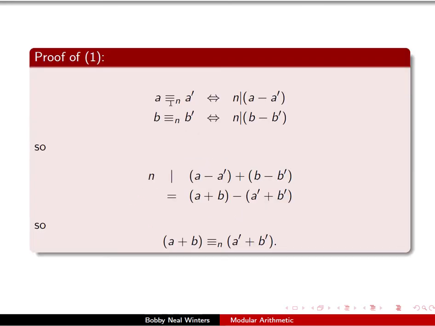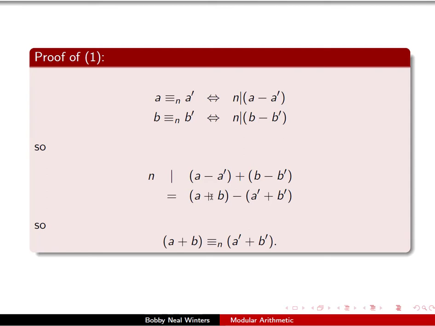To prove the first one, note that when I say a is equivalent to a prime mod n, that's just saying that n divides a minus a prime, and the same for b and b prime. Since n divides a minus a prime and b minus b prime, it'll divide their sum.